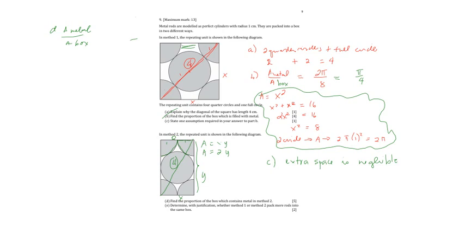We can also use the Pythagorean theorem where x squared plus y squared equals 4 squared. So we have 4 plus y squared equals 16. Our y squared here is 16 minus 4, 12. So our y equals square root of 12.